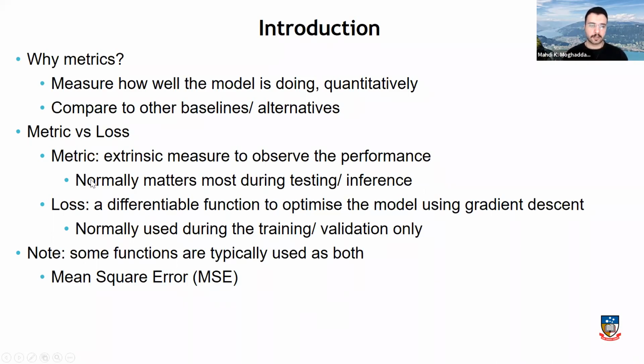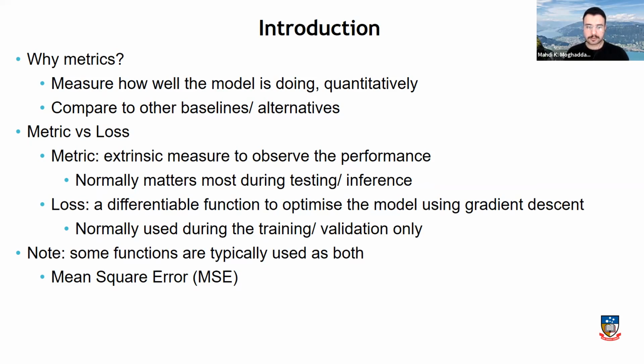Whereas the metric is a measure that, after you have finished training, after you have done validation, after you have figured out if there is overfitting or not, and you have come up with the model that you want to test, normally on a testing set, you use to see how good it is, how well it is performing. So there's a difference in terms of when these two functions are used.